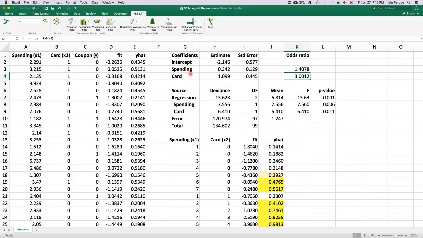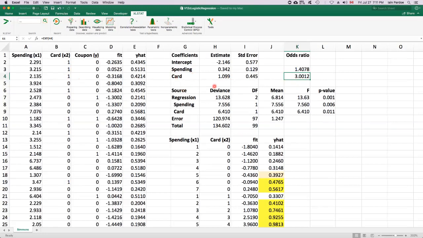The other one has a spending of $2,000 but doesn't have a store credit card. The one with the store credit card will have an odds of using the coupon that are 3.0012 times higher than the odds of the other customer using their coupon.